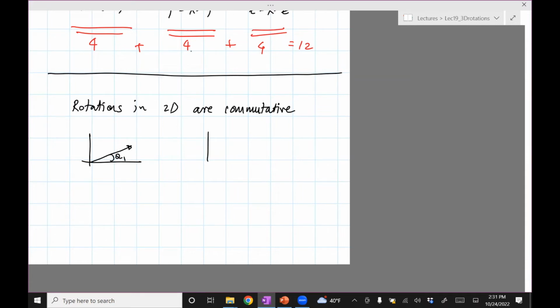So if you start with θ1 and then rotate this vector by another angle θ2, then your net rotation is going to be θ1 plus θ2.